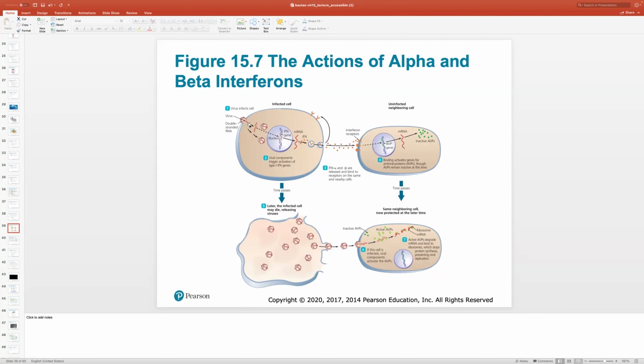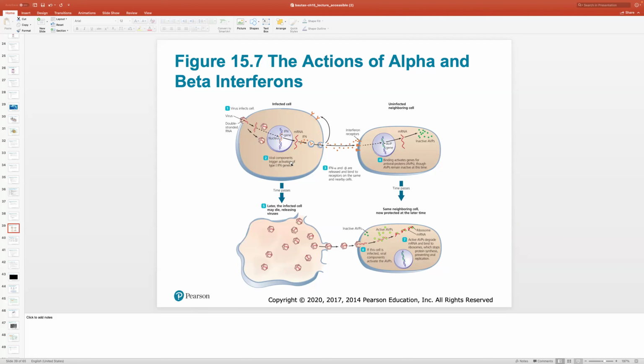And so the double-stranded RNA can get into the nucleus. And the interferon gene then will produce messenger RNA that will eventually make interferon protein molecules that leave the cell. They're exocytosed. The other thing that happens is viral components will trigger activation of the type 1 genes.